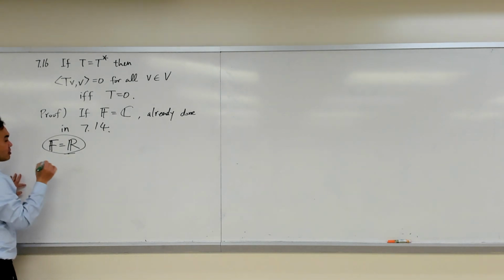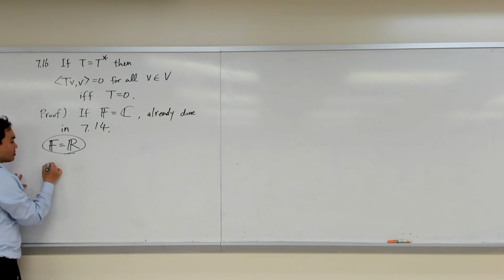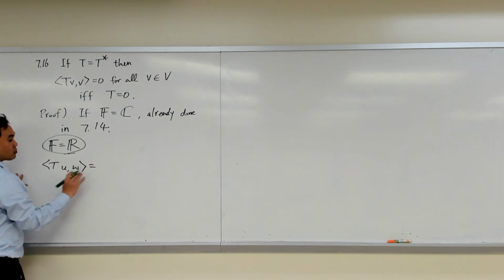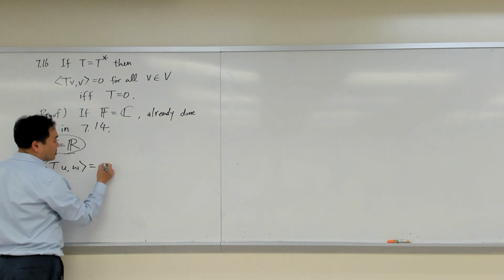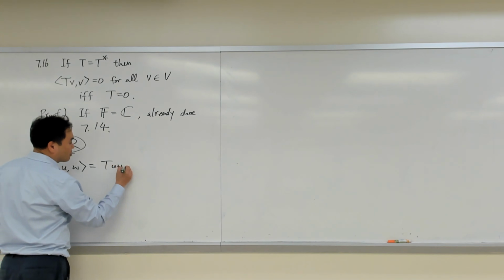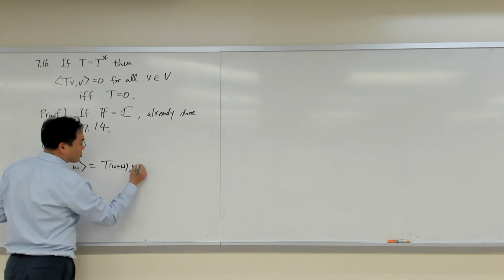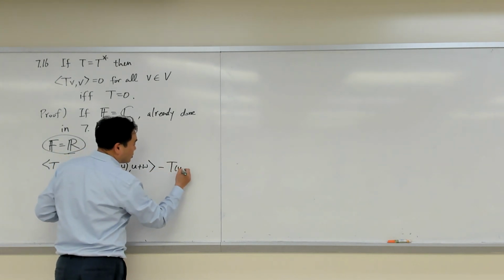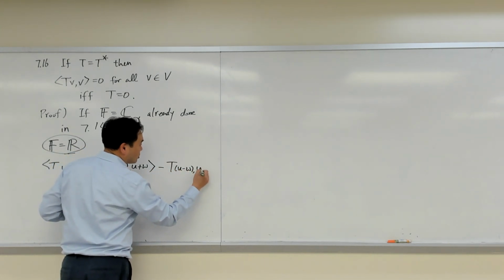It's the same idea, but a slightly different identity, which is TUW. This time we're just going to rewrite this as T(U plus W, U plus W) minus T(U minus W, U minus W).